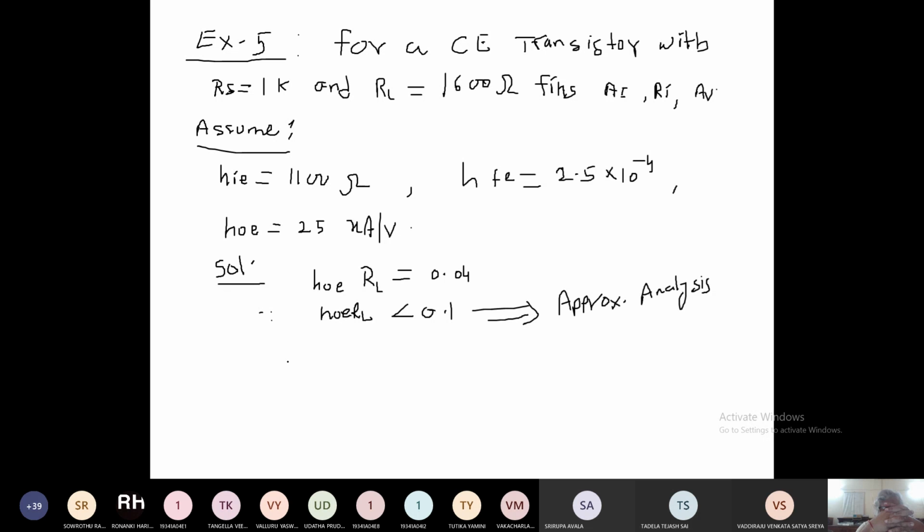Do you remember? Have we studied this JFET earlier?